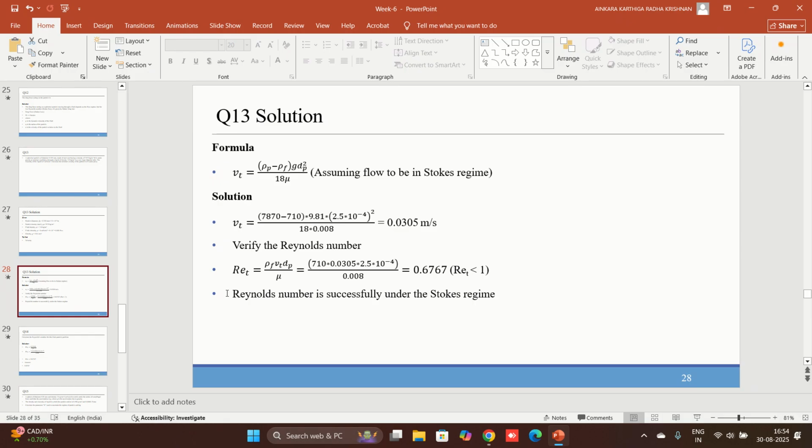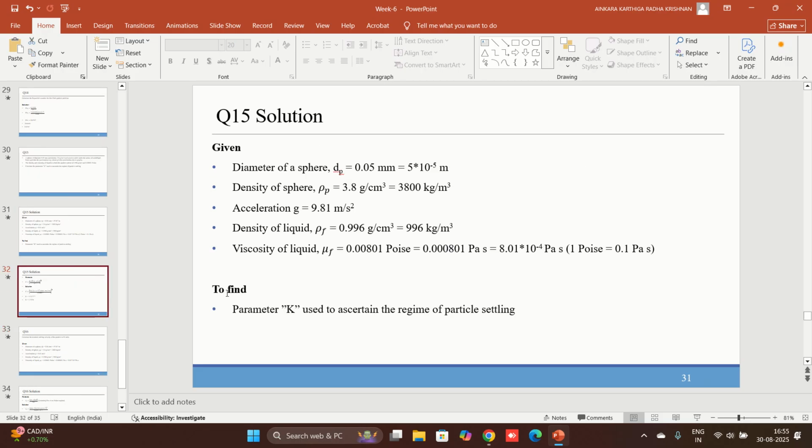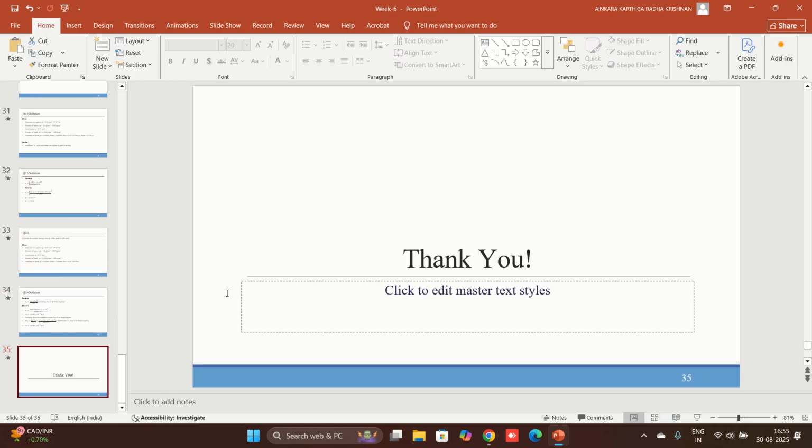If the Reynolds number is going out of range, you need to check for the Newton's law regime, and by using that VT formula, and later again verify the Newton's law regime Reynolds number or not. That is, first use the Newton's law terminal velocity formula, and from there check whether your terminal velocity is obeying the Reynolds number in the Newton's regime or not. So these are the questions which we saw in today's class.